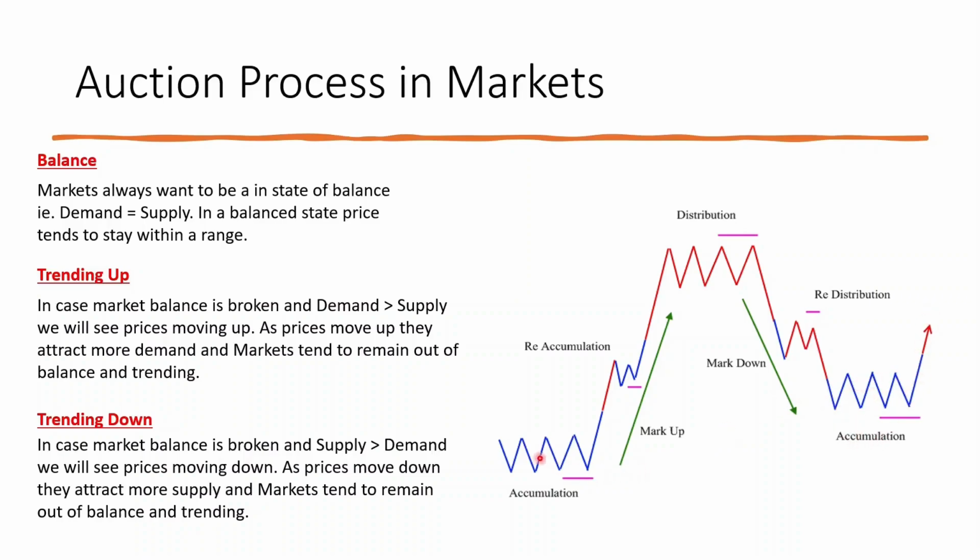Anytime any state of balance after which prices move up is termed as accumulation, and any state of balance after which prices move down is termed as distribution, because all the activity that happened within it led to a decline in prices, and all the activity that happened within this led to a rise in prices.